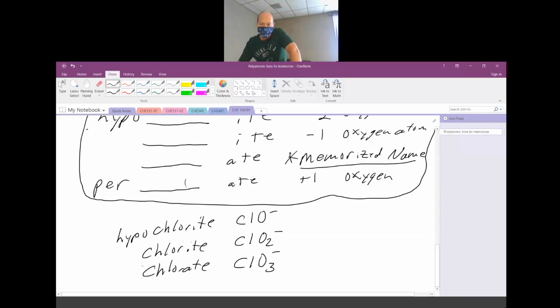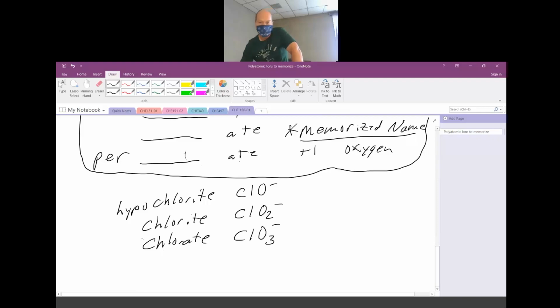All right, so back to my memorized name of chlorate. If I go down, I have to add an oxygen, and that is going to be perchlorate. So now I have perchlorate. And that means I have to add an oxygen. So now I have ClO4 minus. All right, so again, this is the one that you have memorized in your chart.